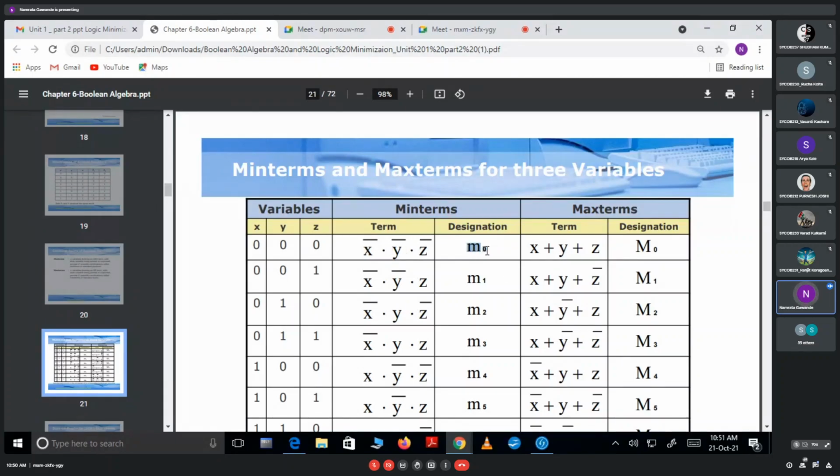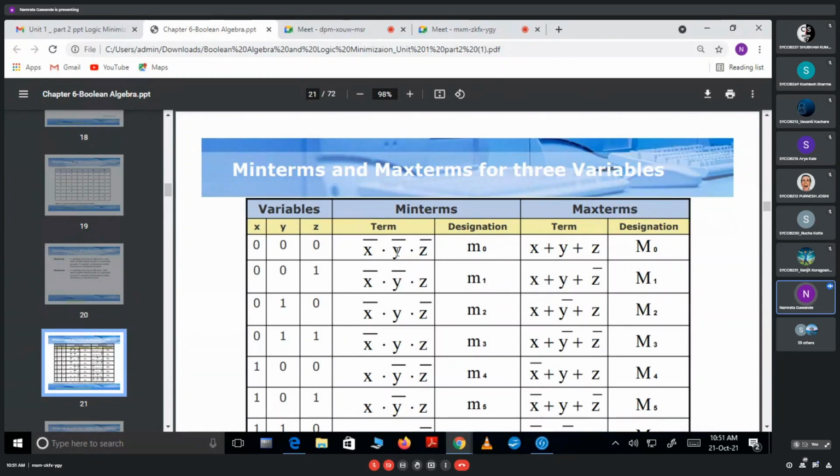And why is this M0? This is the standard representation. A min term is always denoted with a small m, and this 0 is the decimal equivalent of 0, 0, 0. So all min terms are represented with small m's and are products of the variables.